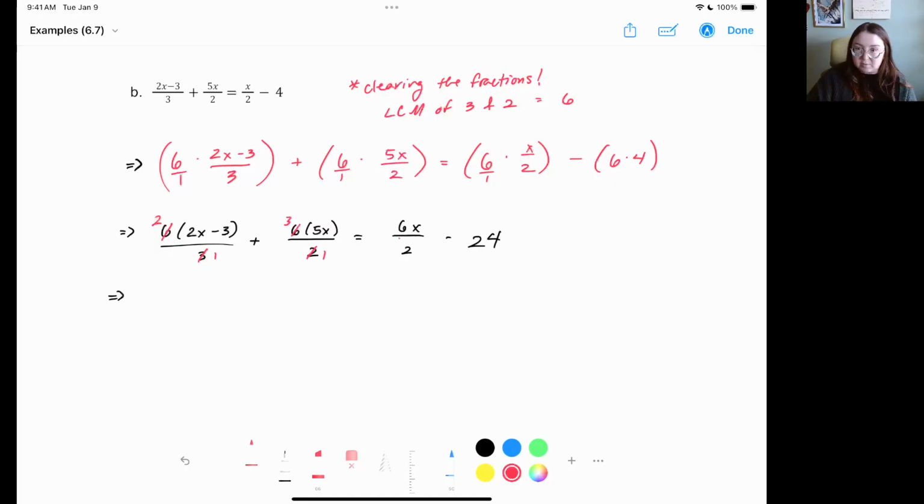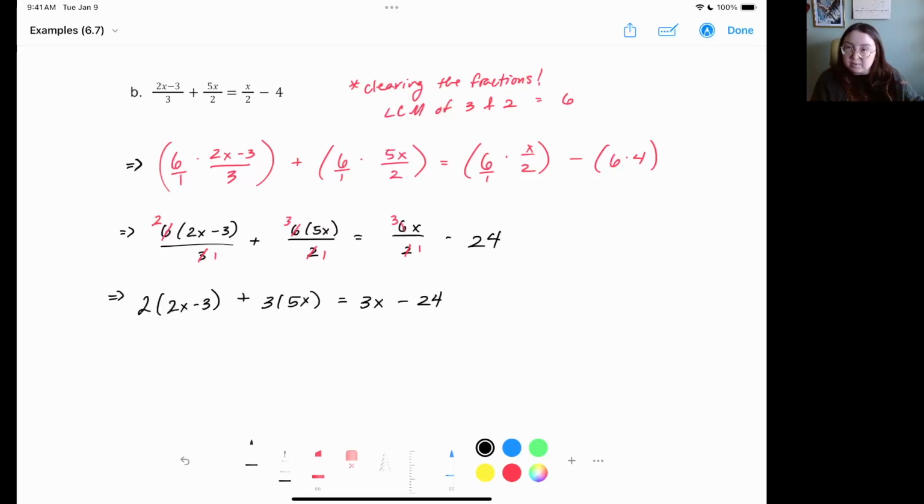And same over here, 6 divided by 2 is 3, and 2 divided by 2 is 1. Changing all of our denominators to 1 essentially cancels them out. So now we're left with 2 times 2x minus 3, plus 3 times 5x, is equal to 3x minus 24. And now we no longer have any fractions within our equation.